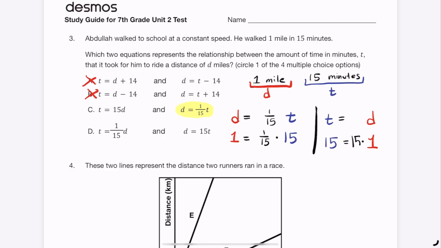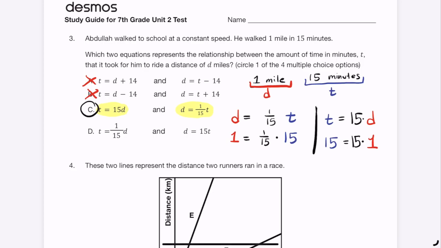I multiply by 15. So in this situation, I'm taking my distance, I multiply by 15, and that tells me how many minutes it took. And again, that is then this equation. So C is the right answer here.